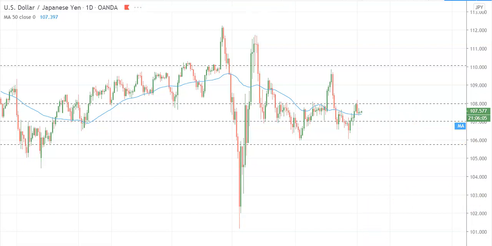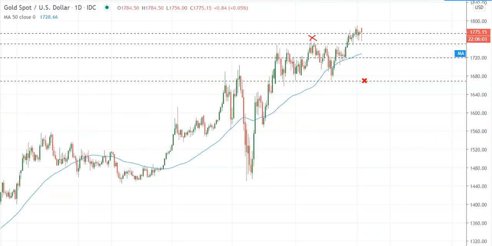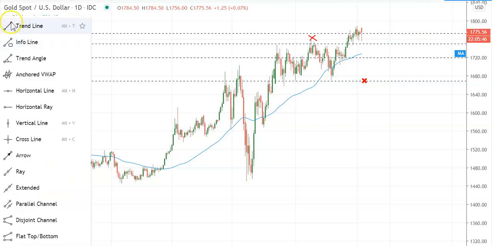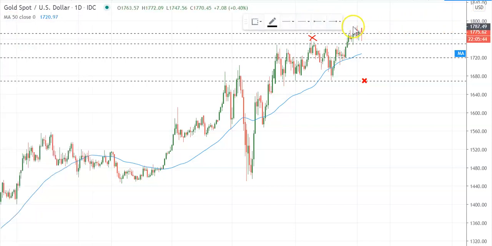Now, gold. It's just mucking about. Looks like it's going sideways. It looks like it's going to have a crack at 1800. And I'm seriously considering taking a trade.